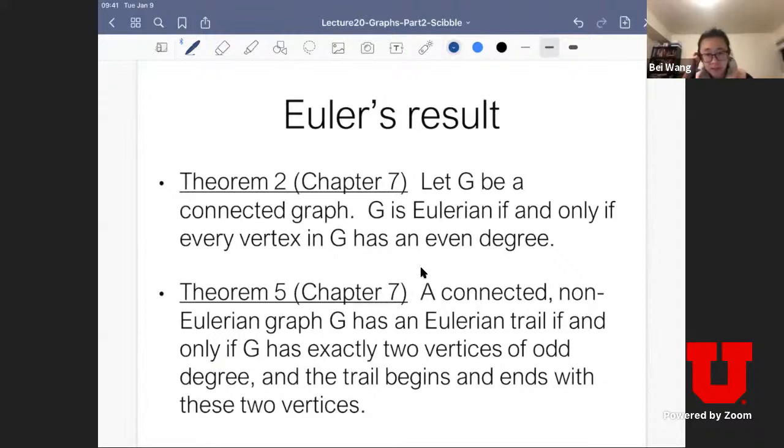The second one is a connected non-Eulerian graph has an Eulerian trail if and only if it has exactly 2 vertices of odd degree, and the trail begins and ends with those 2 vertices. Okay. So a trail, remember, is a walk without repeated edges. Okay, so we're going to use this soon.